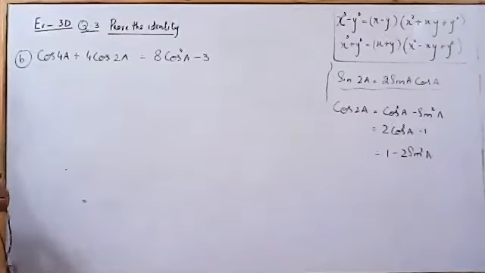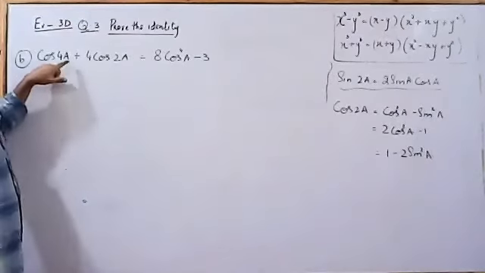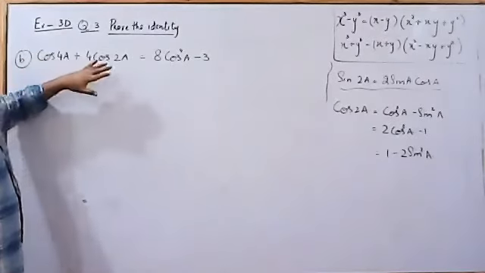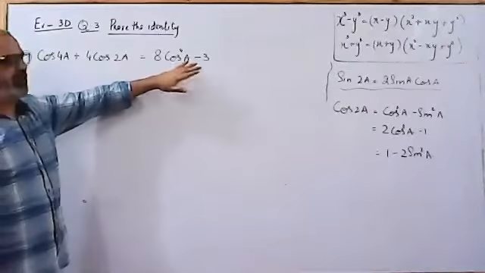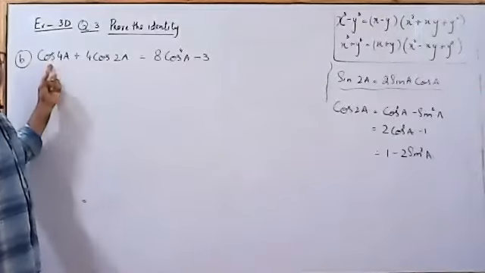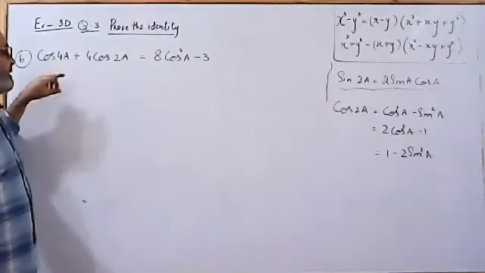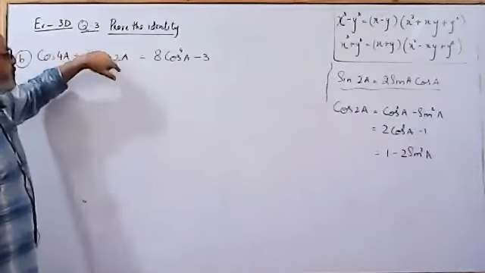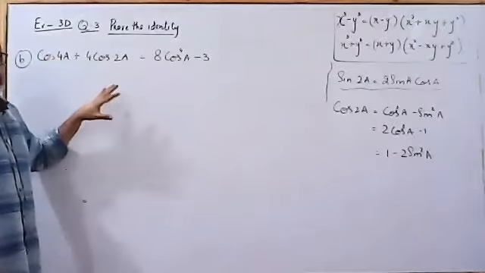Again, we have cosine of angle 4a, cosine of angle 2a, and on the right side a cosine of angle a. There is a single angle, a double angle, and a fourfold angle. So I'll try to change 4a and 2a into a. That is my first target.